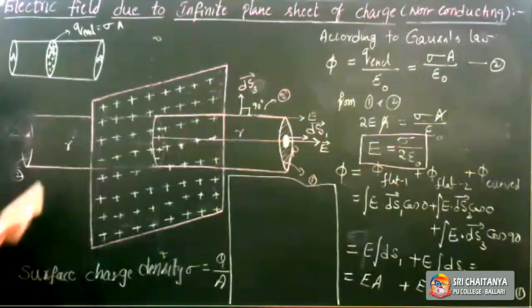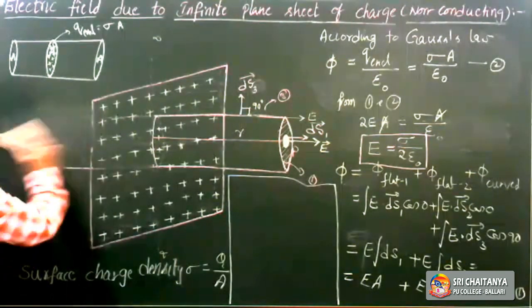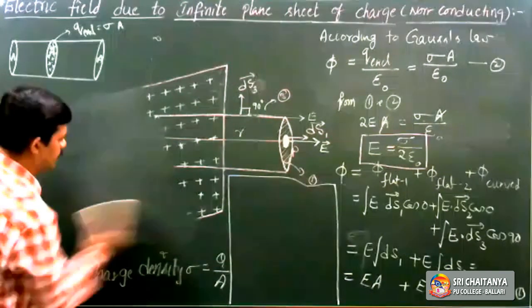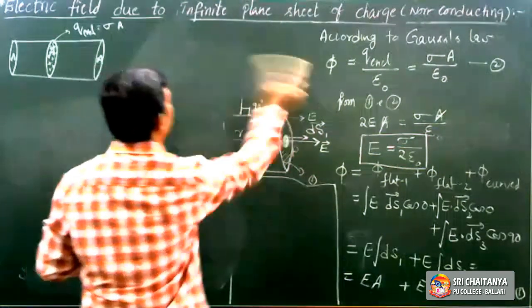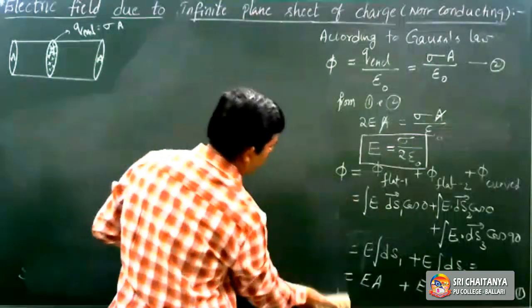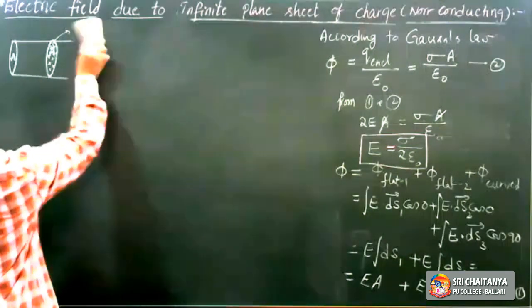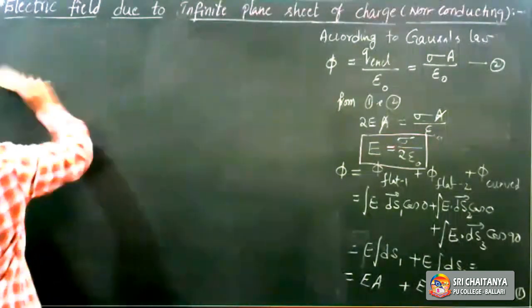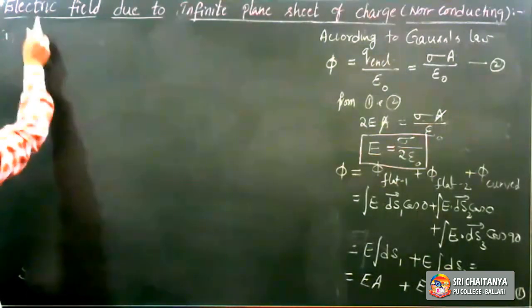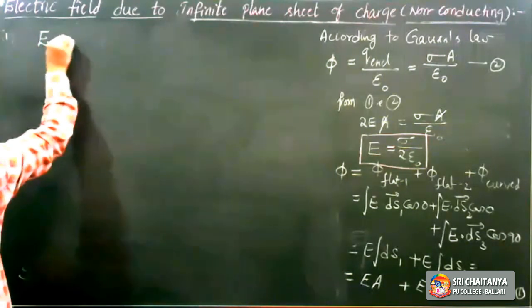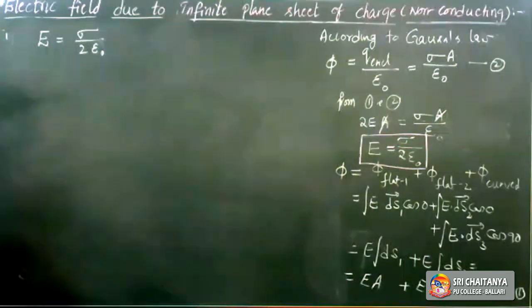Next. First thing, for this expression of E at a distance R, sigma by 2 epsilon naught.